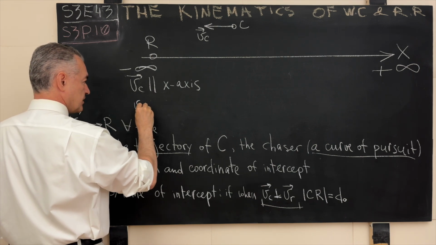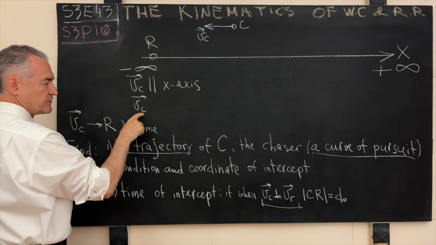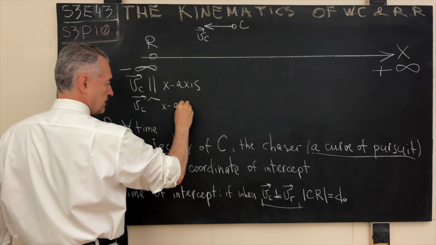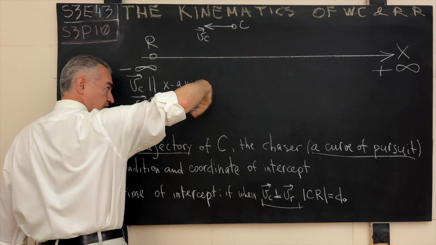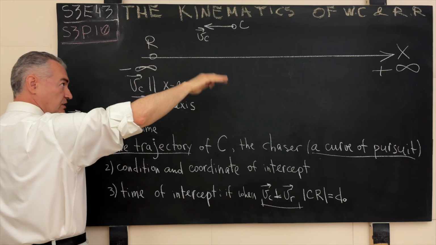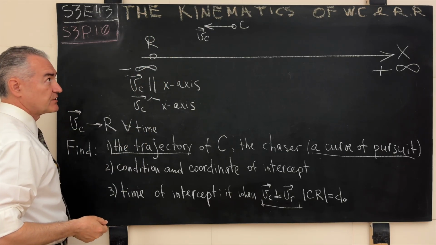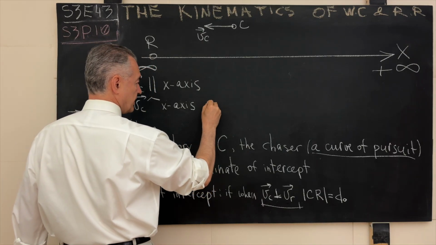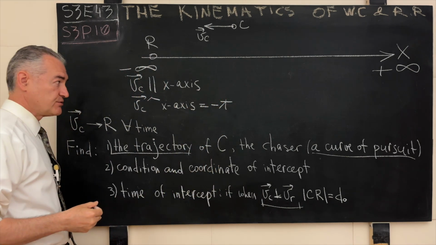Well, let's symbolize it as follows. If we are very pedantic and we want to measure this angle clockwise as the traditional positive direction, and counterclockwise as the negative direction, let's say we measure it as negative pi, for example. You can put plus pi, it doesn't really matter.